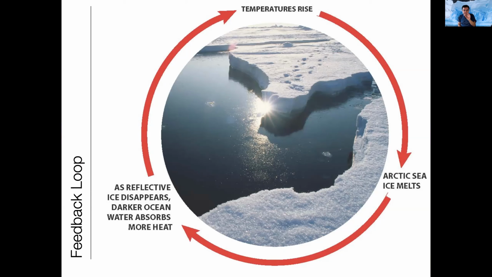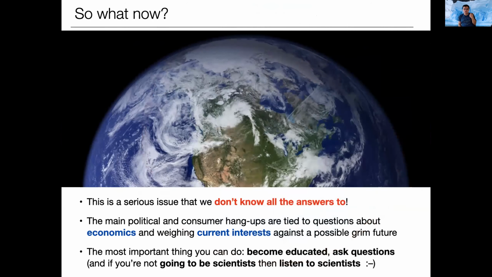And there's many examples of this kind of feedback loop in the climate system. This is just one, but there are many examples, which is why it's such a complex problem and why there are many places where we can make improvements that can be dramatically important. So the point here is this is really a serious issue.